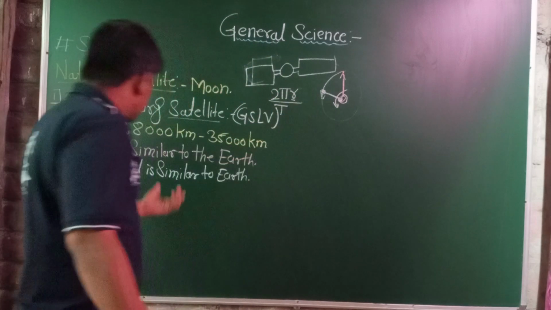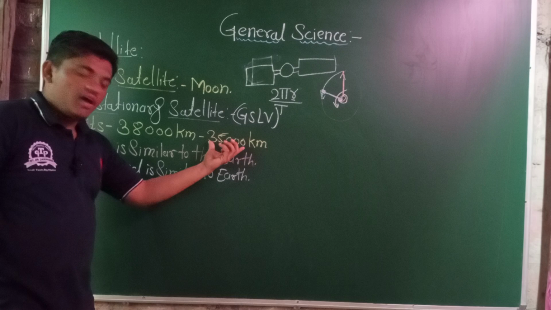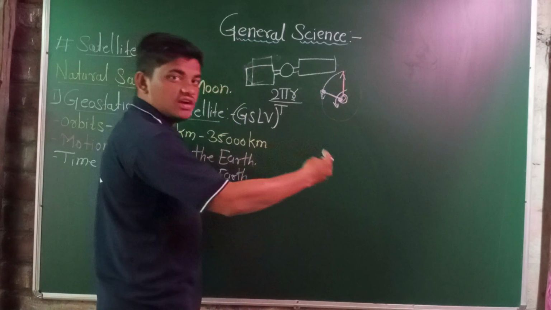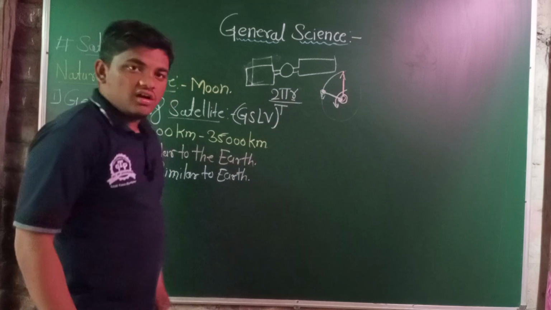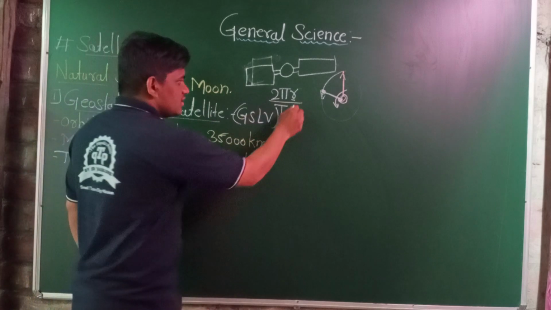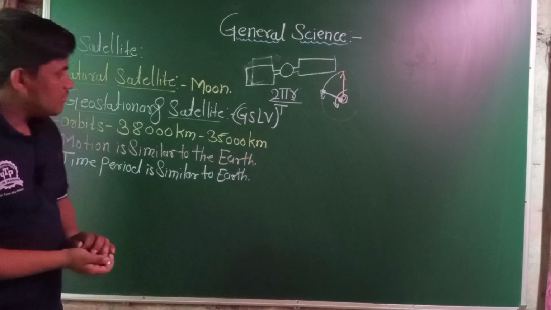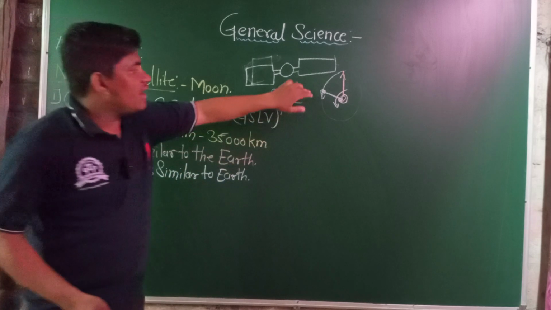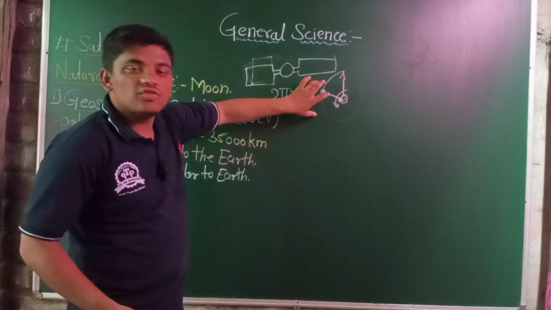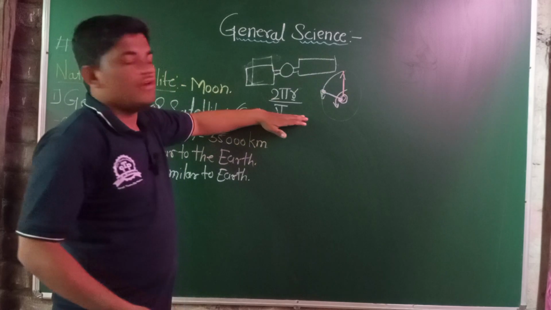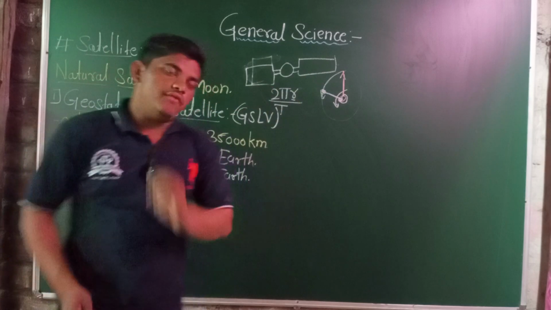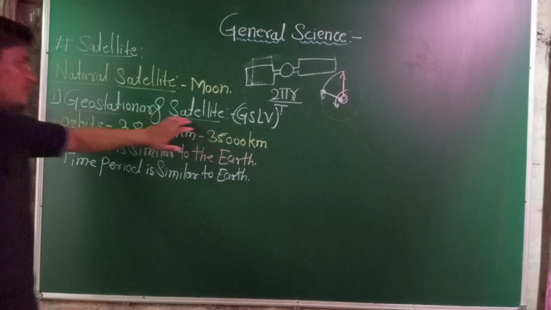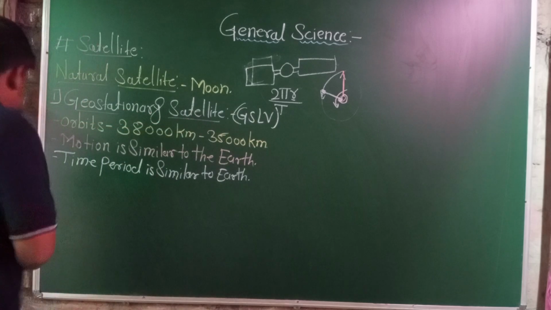R is the radius of the Earth, about 6,400 kilometers, plus the added radius. Dividing the path by 24 hours gives the speed of the satellite. These are known as geostationary satellites.